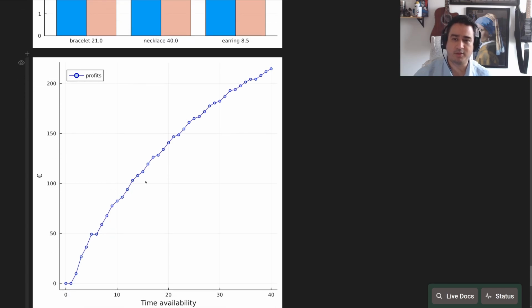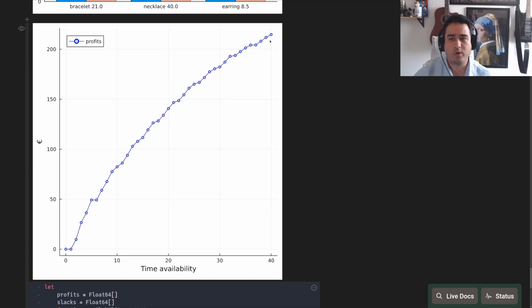You have some diminishing returns in this slope decreasing. We only had 40 hours, so we still have time to make more. So if we had more hours, or if we could build them a little bit faster, we could still make more profit. But what happens if I actually have a lot more hours? So I'm gonna make a little edit here.